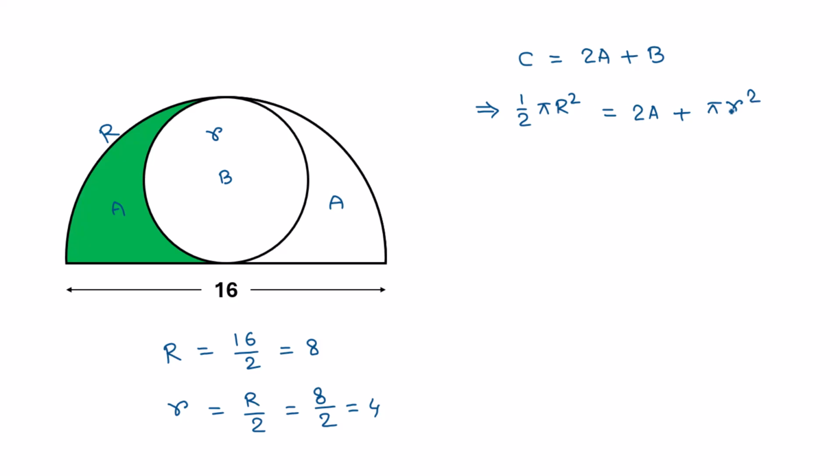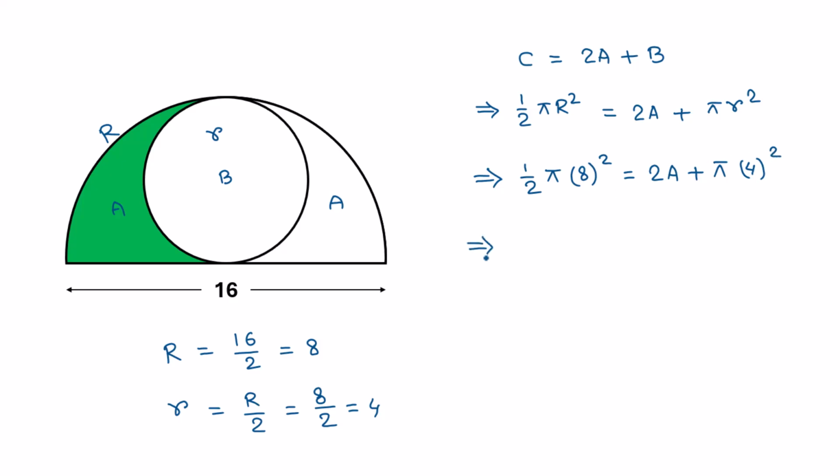Substituting the values, we get the value of A, that means the area of the green region. We have capital R is equal to 8, so 8 square, is equal to twice A plus pi times this small r, which is 4, so 4 square.